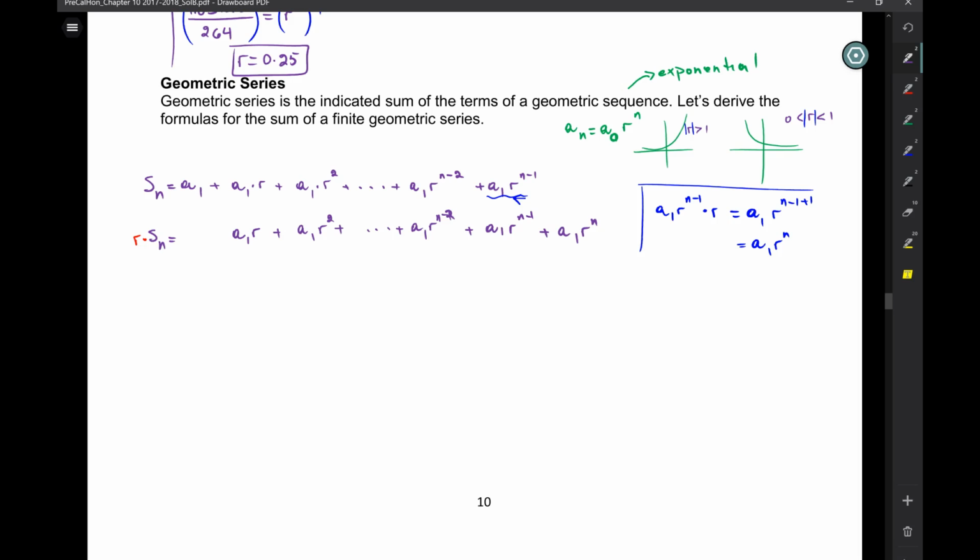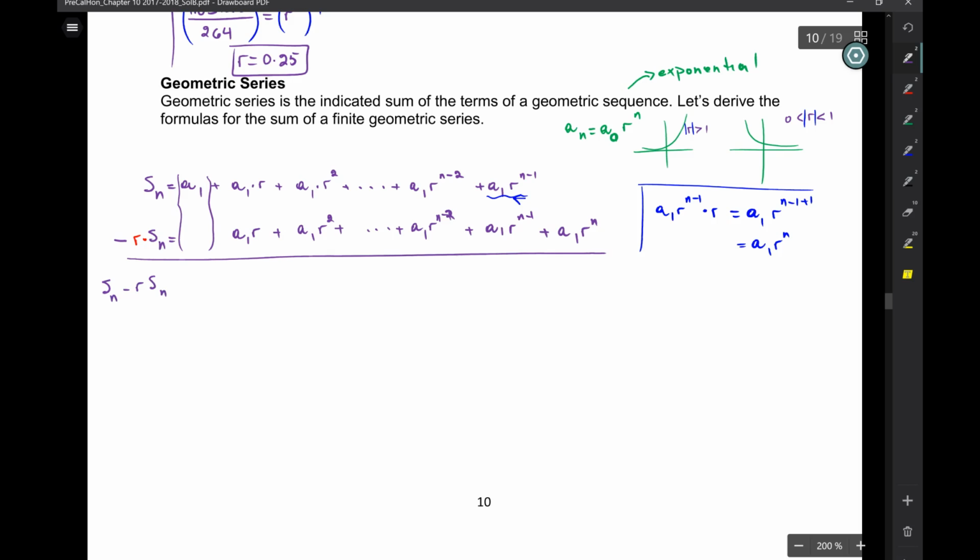Now I'm going to subtract them. So here I get S_n minus r S_n, which equals a_1 plus what? I'm subtracting them, so those are 0, 0, 0.